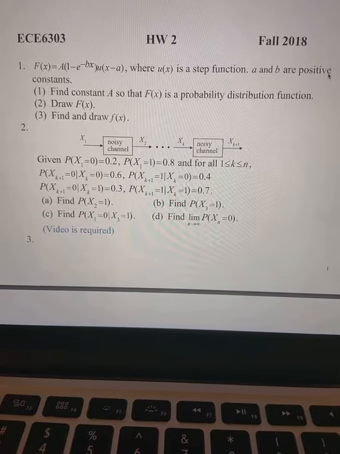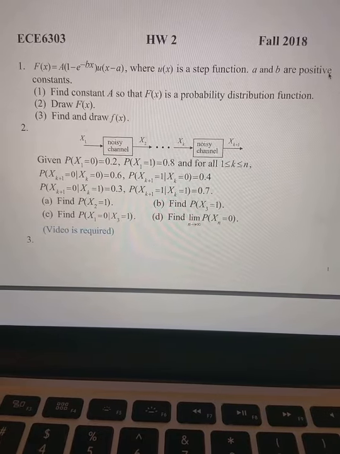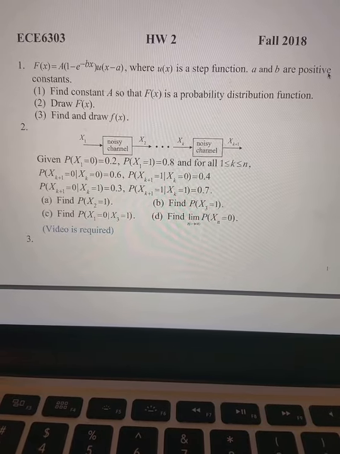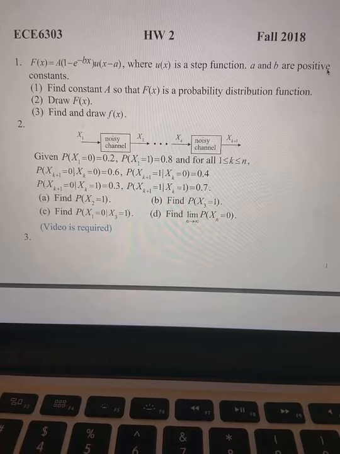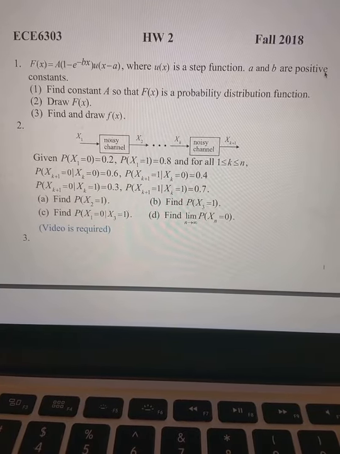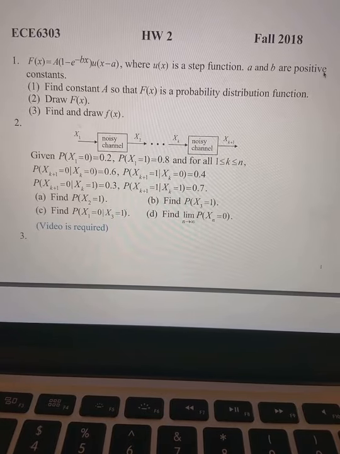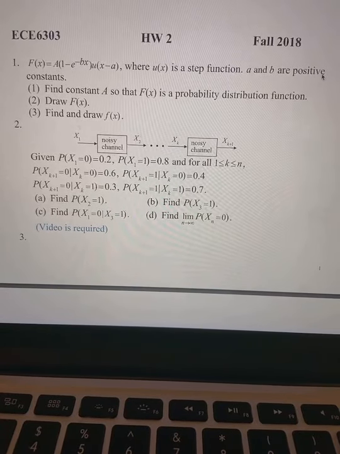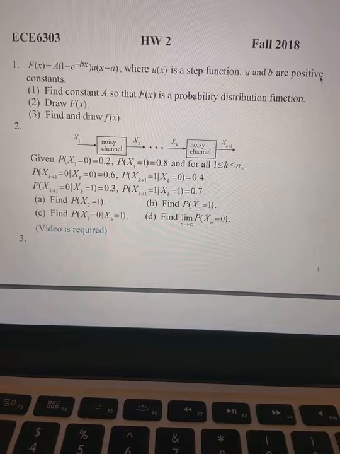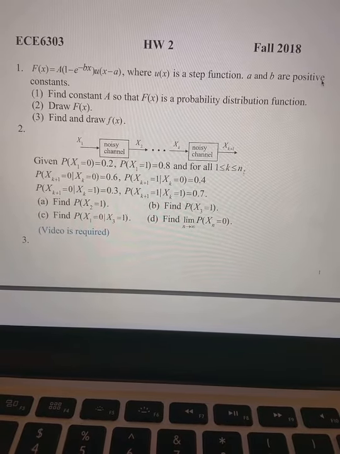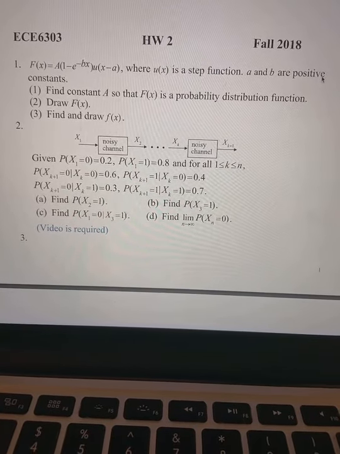Firstly, we're given that the probability of x1 equals 0 is 0.2 and the probability of x1 equals 1 is 0.8, for all k larger than or equal to 1 and smaller or equal to n.